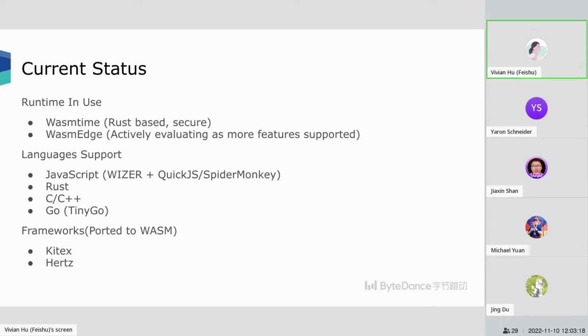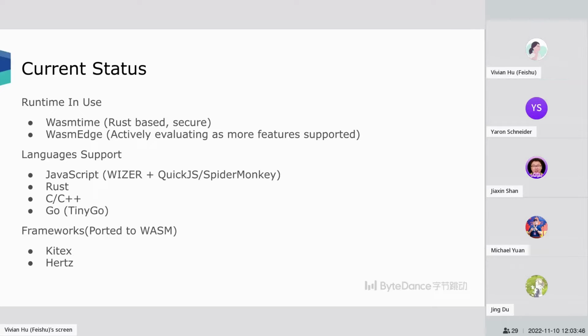But at the same time, we are also evaluating WasmEdge, because more features are supported in WasmEdge, for example Dapr and more support for Linux sockets. So probably later we will be able to switch between Wasmtime and WasmEdge depending on the user's needs.